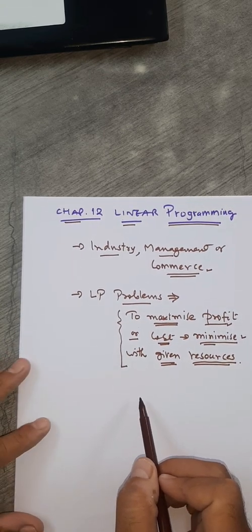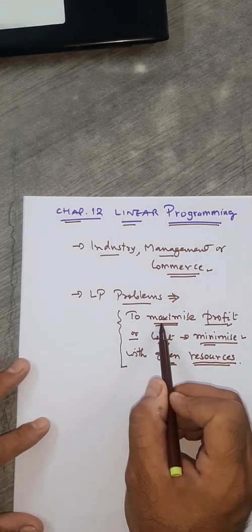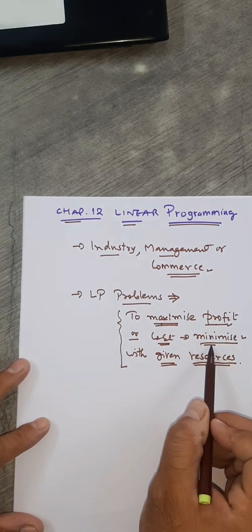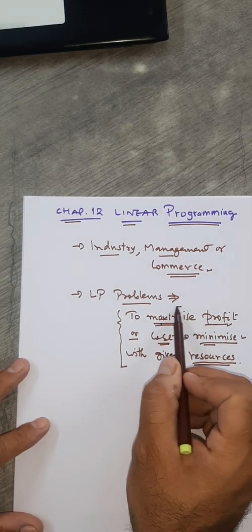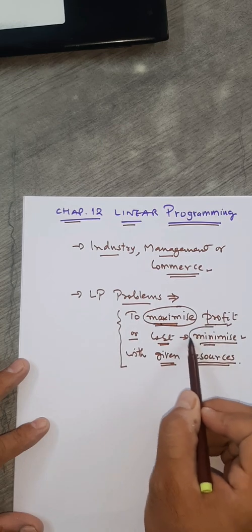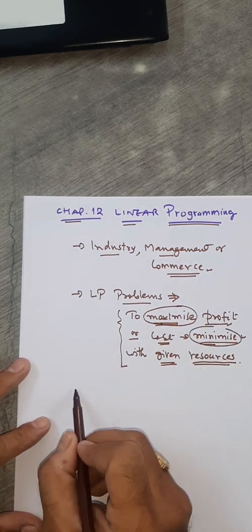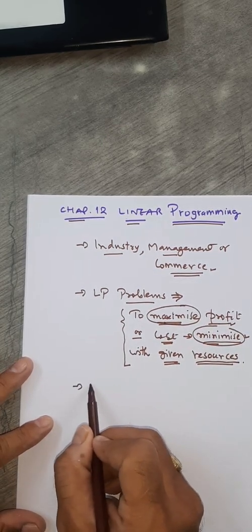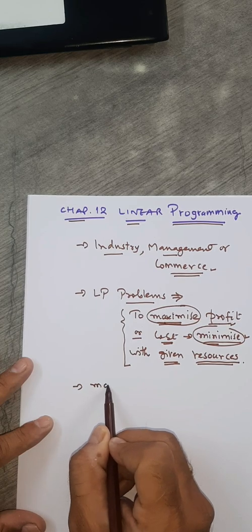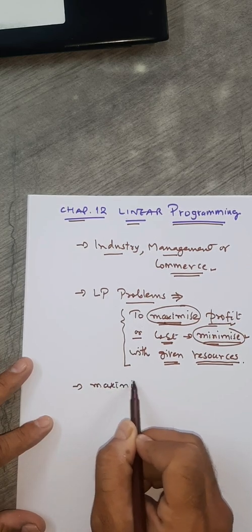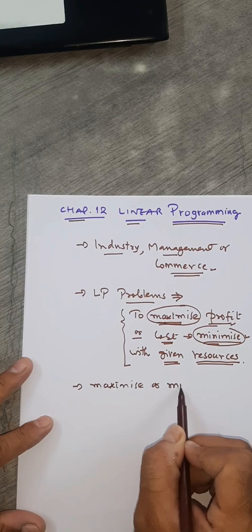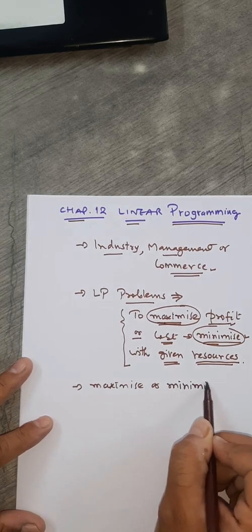Okay, now here maximization of the profit or the minimization of the cost, these combined things, this one and this one, that is sometimes called optimization. Maximize or minimize, that depends upon the problem.